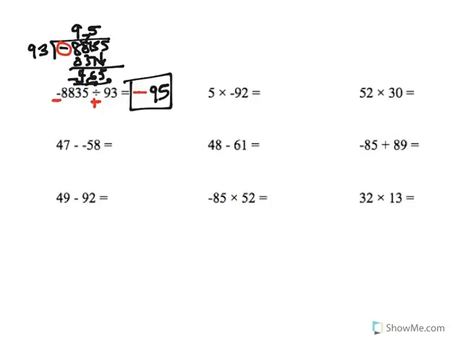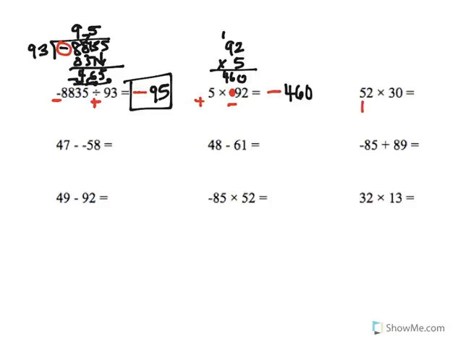Here I have 5 times negative 92. I have a positive and a negative here. So my answer will be negative. Now I do the math. Ignore this sign for now. And I get negative 460.